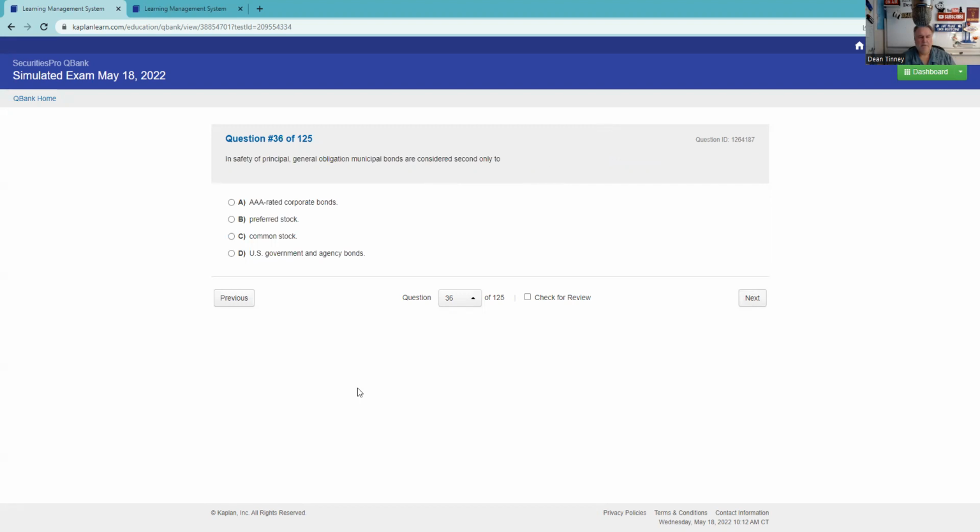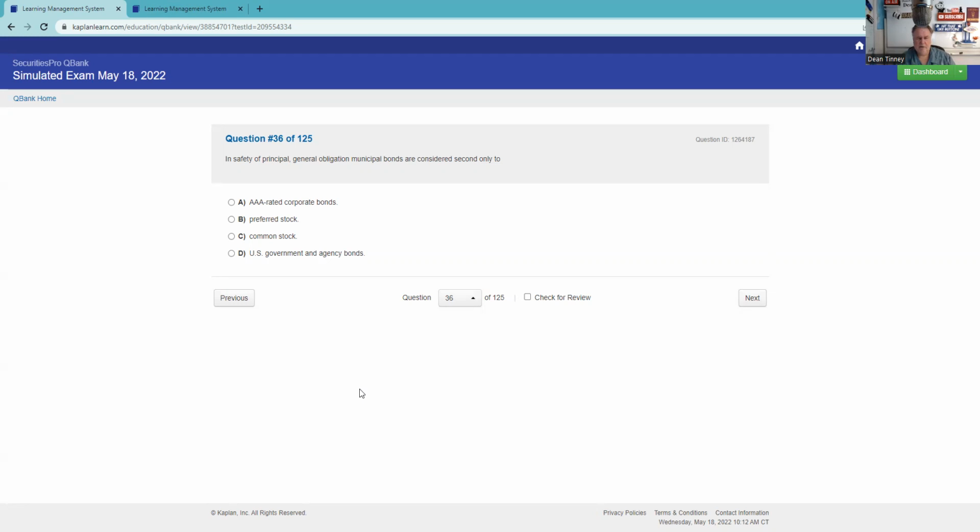In safety of principal, general obligation municipal bonds are considered second only to... Well, corporations have to deliver products and services at excess of raw material and labor. They can do that. It's called a profit. If not, it's a loss. And capitalism without failure is kind of like religion without hell. So corporations are not considered safer than GO muni bonds, where there is a taxing authority.